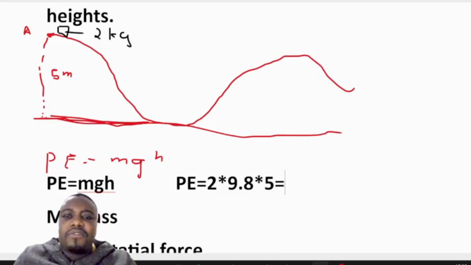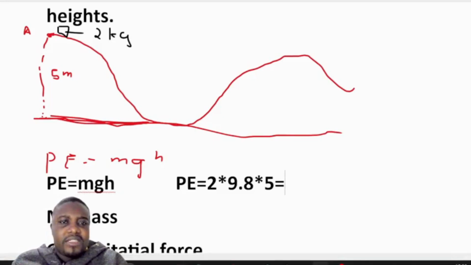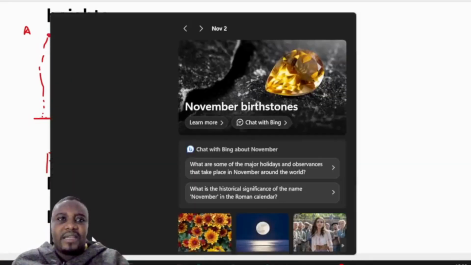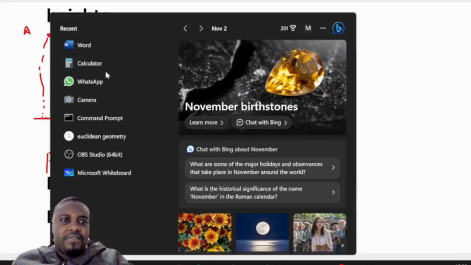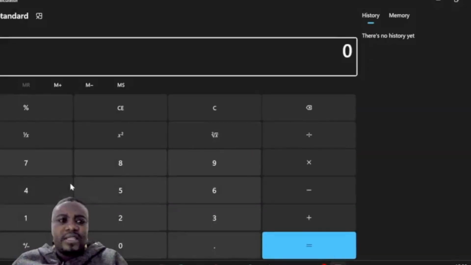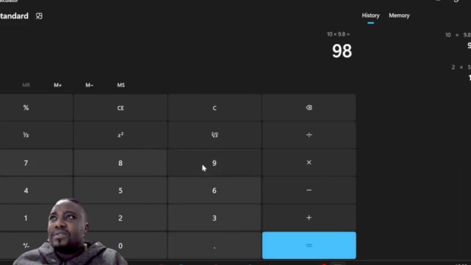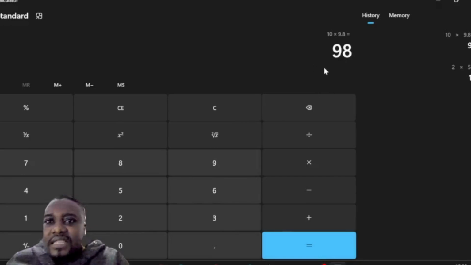If you use a calculator, you will see that 2 multiplied by 5 multiplied by 9.8 gives us 98.